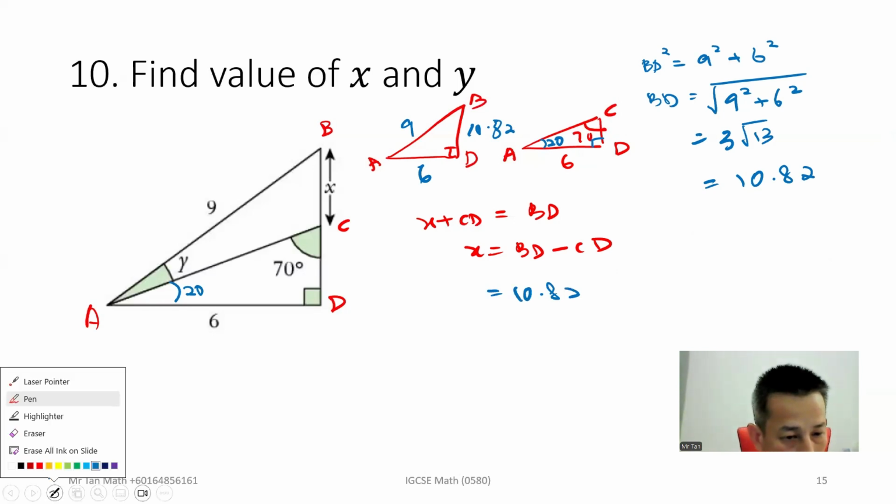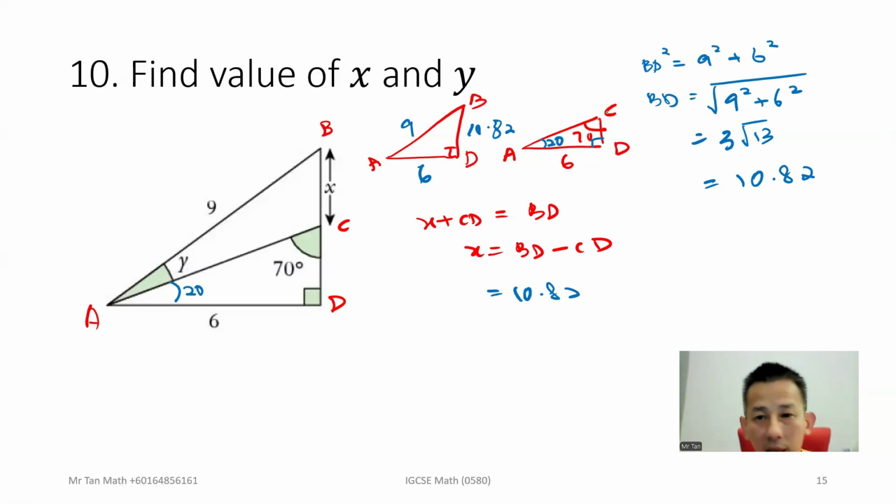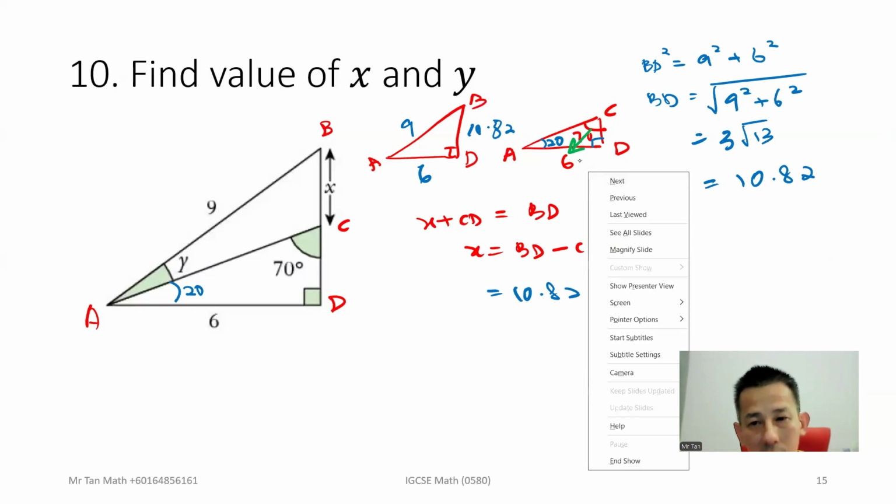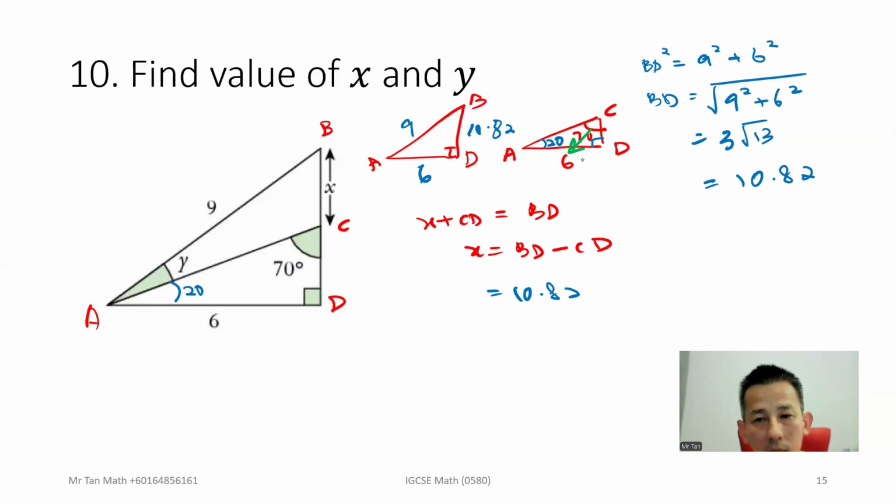Now CD is a right angle triangle here. So this will be the hypotenuse. And sorry, this is the opposite if you use the 70. Okay. So always be careful. The angle here, this is opposite. Opposite.